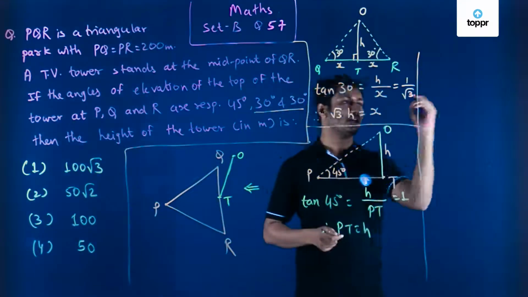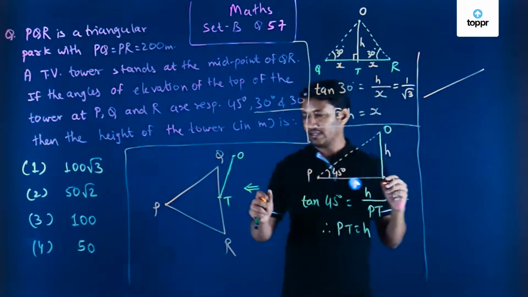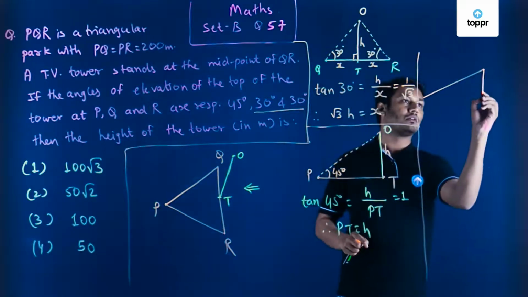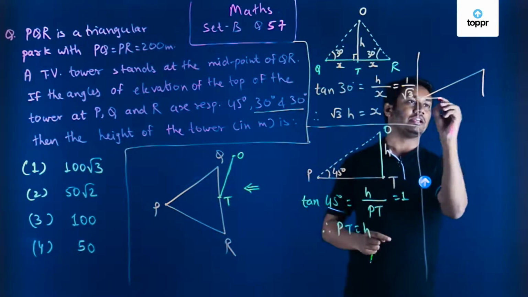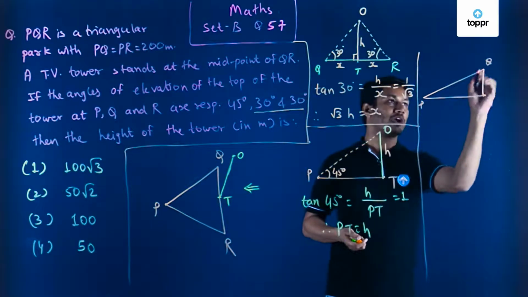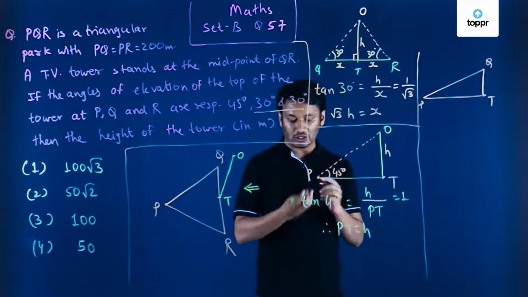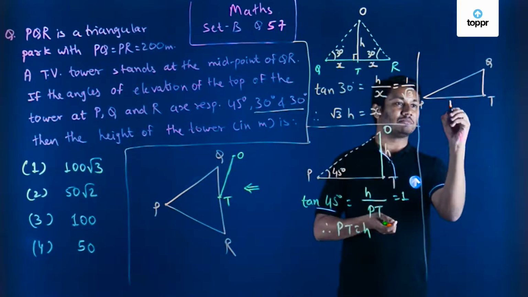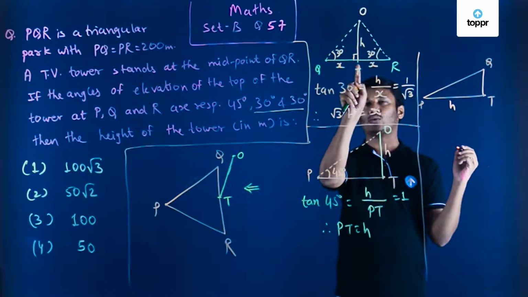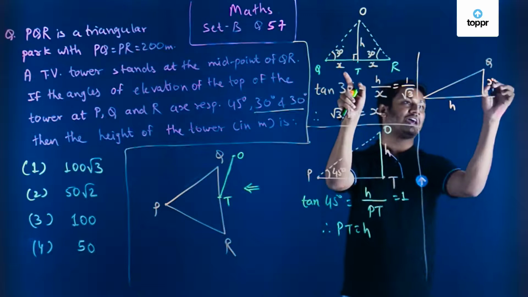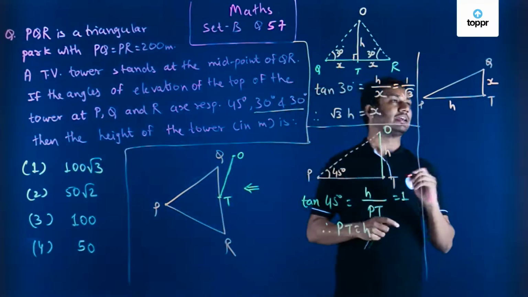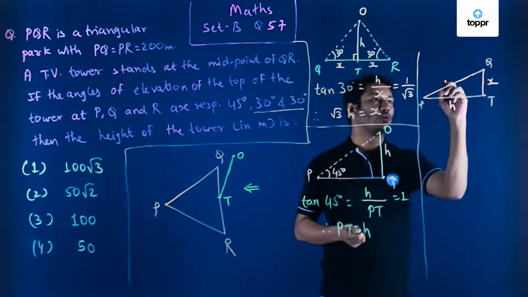So now I will consider PQ, and apart from that I will consider QT, and I will join points P and T. So this is P, this is T, and this is nothing but Q. Now these points are all on the base or on the ground. So PT is nothing but H, just now we have got. QT was nothing but, you can see X, because that was half of QR, we have taken it as X. And what else we know? We know that the length of PQ is nothing but 200.